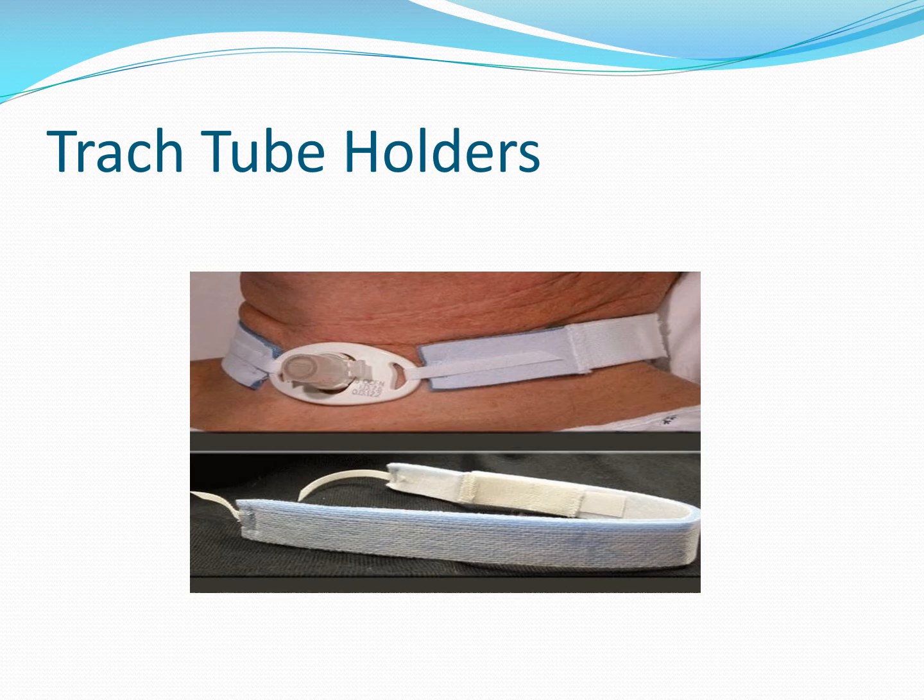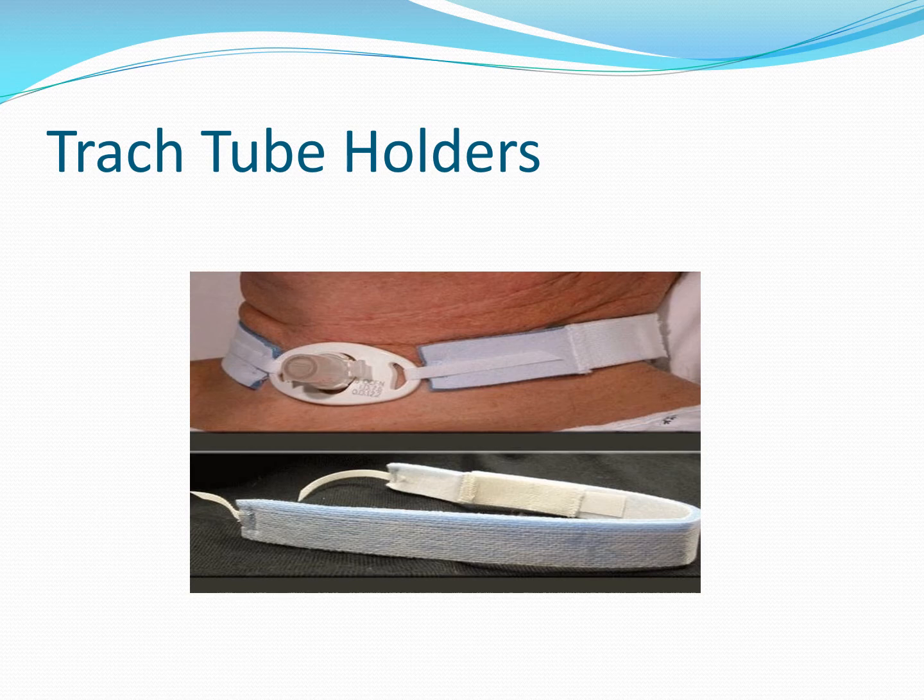A decent rule of thumb is to take your gloved, clean hand, and if you can manage to stick a finger or two between the patient's neck and the trach tube holder without it pulling excessively, that's a decent rule of thumb that it's not too tight and not too loose.